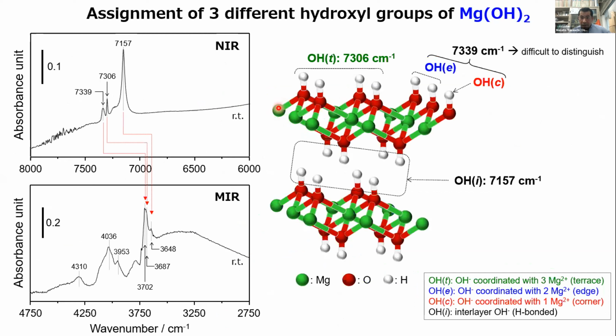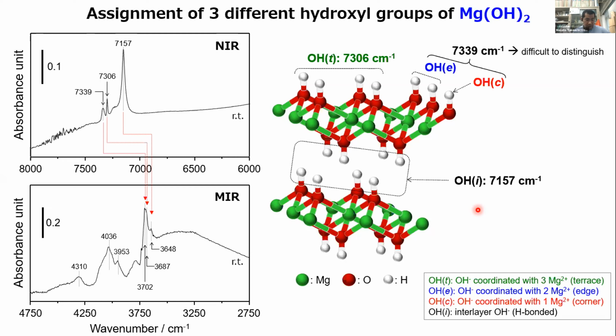So we can say the absorption band at 7,339 wave number is OH-E and OH-C. And 7,300 wave numbers can be assigned to OH-T. And this one is the interlayer OH groups of the magnesium hydroxide.